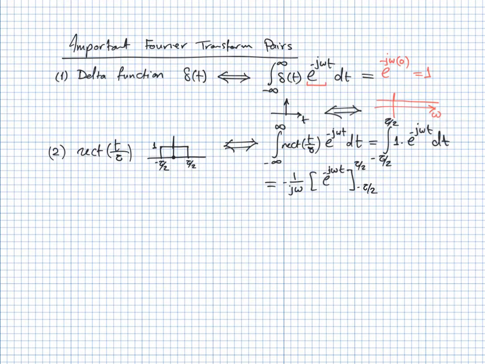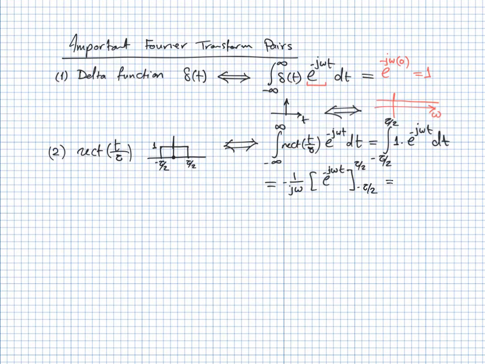Okay? Then substitute, what will you get? You have e to the power of negative j omega tau over 2, minus e to the, one of them is positive and one of them is negative, right?